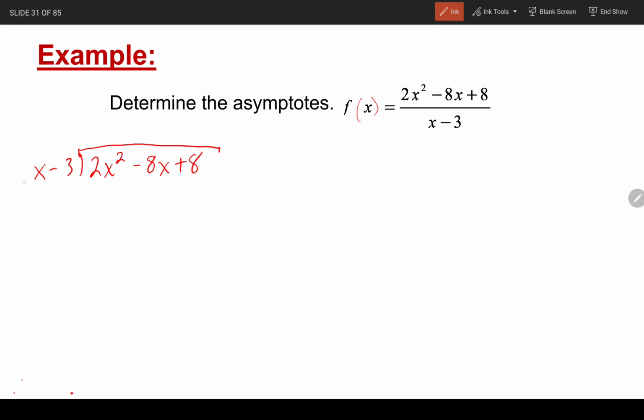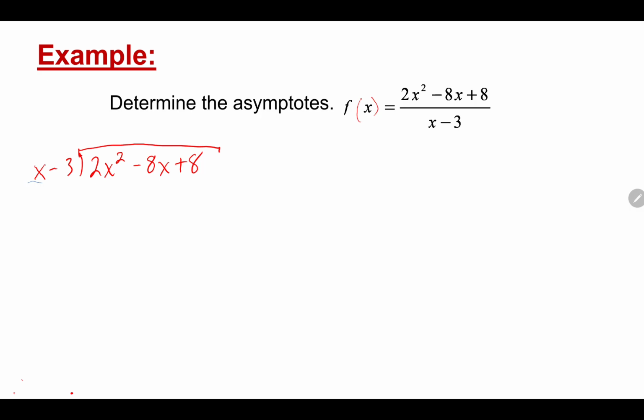So what multiplies by x to equal 2x squared? Well, that's just going to be 2x. 2x times x is going to give me 2x squared. 2x times negative 3 is going to give me negative 6x. I'm going to apply the negative, which makes this negative, makes this positive. 2x squared minus 2x squared goes away, it's 0.